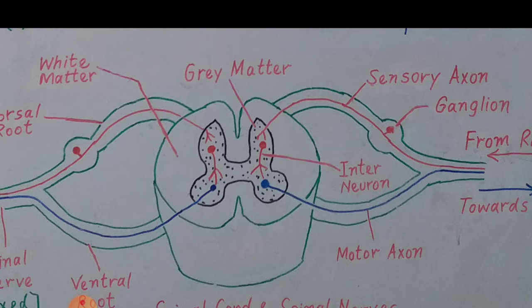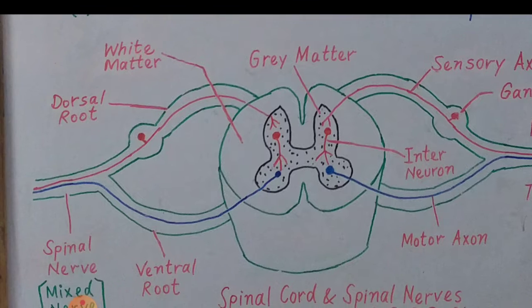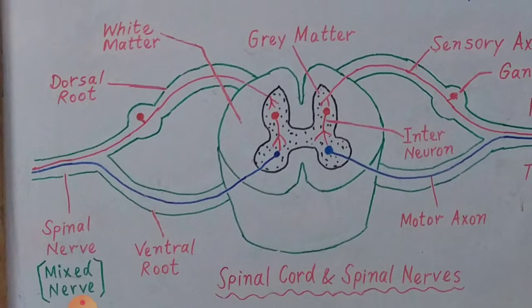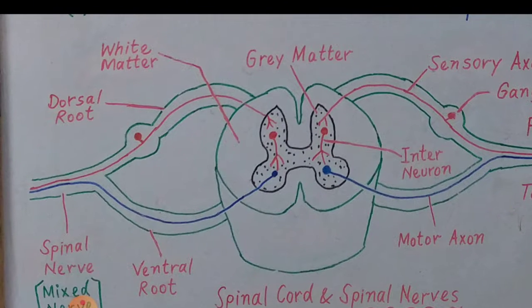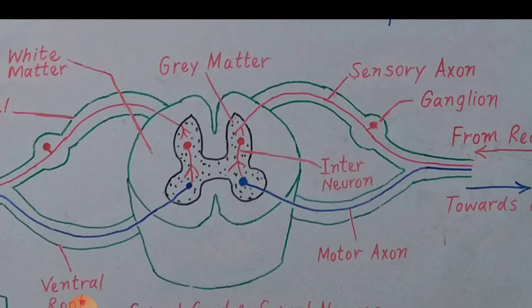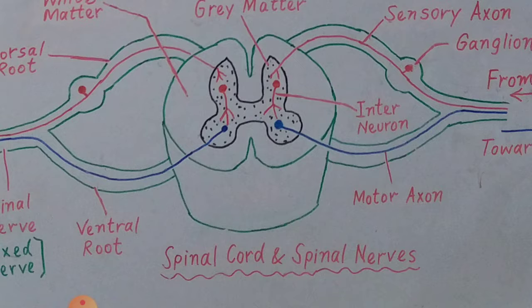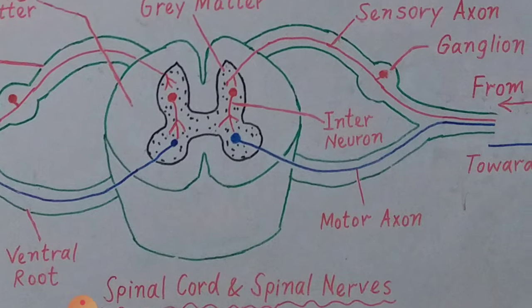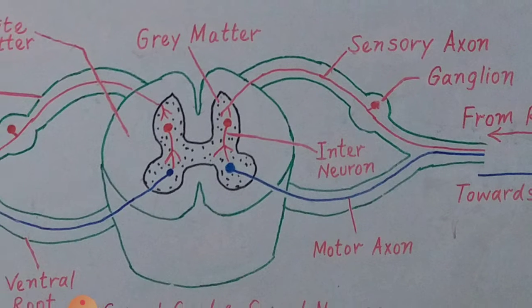In the gray matter, the interneurons and the motor axon cell bodies are present, where the dorsal root and the ventral root are the nerves which are originating from the spinal cord. In the dorsal root, the sensory axon and the ganglion are present, whereas in the ventral root, motor axons are present.